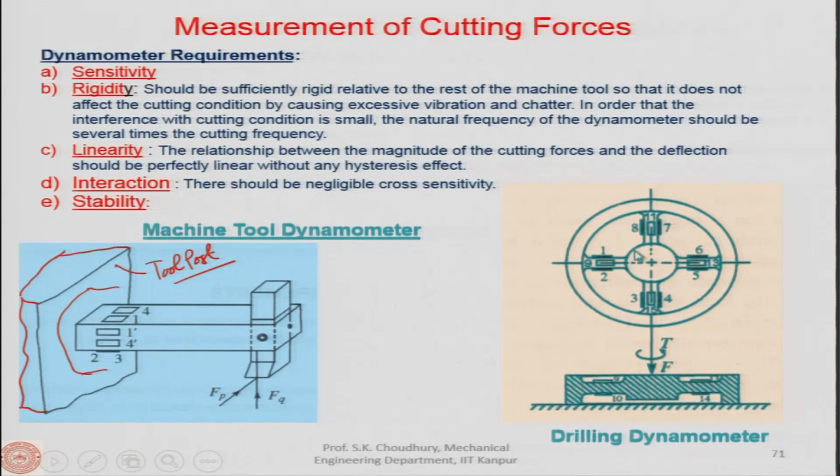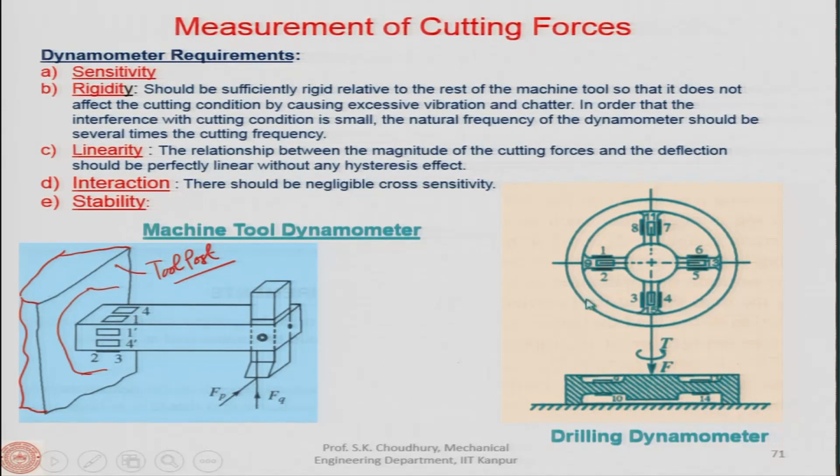Now, on these 4 arms, we will have 16 strain gauges, let us say. 1, 2, 3, 4, 5, 6, 7, 8, and similarly we will have 9, and on the other side 10, 11, 12, 13, 14, 15, 16 and so on.